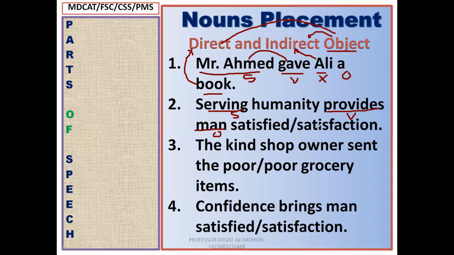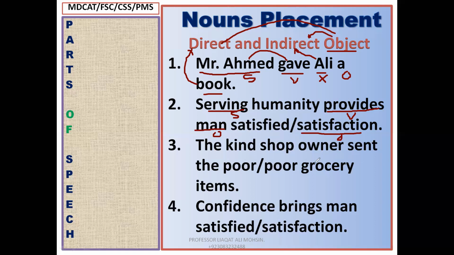Satisfied is an adjective, satisfaction is a noun. This is also an object because provides takes two objects, man and satisfaction. Now see which is the direct and which is the indirect. If we see provide, satisfaction will be enough. Man is not needed. So man is the indirect object, and satisfaction is the direct object.